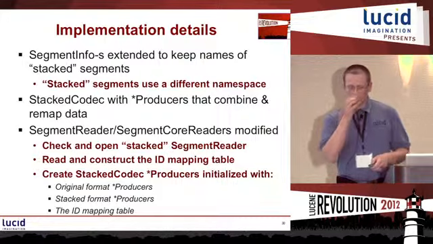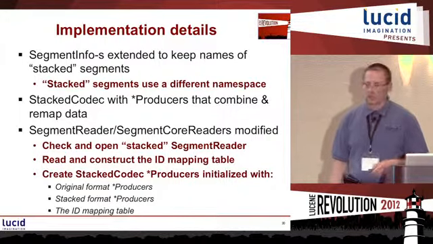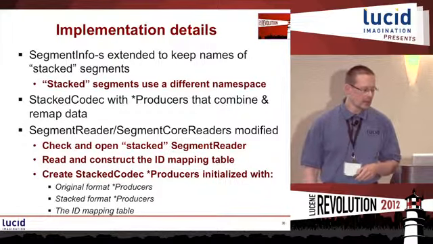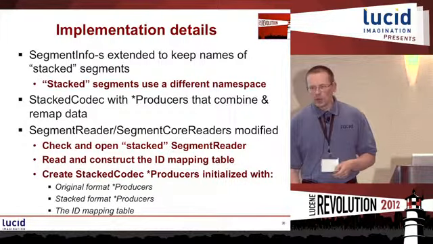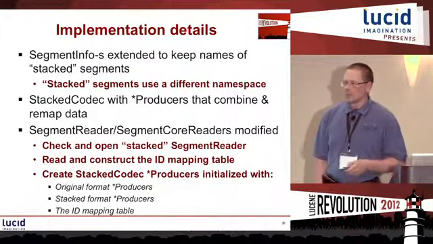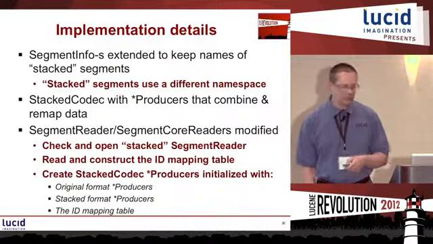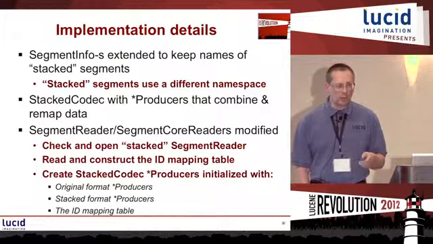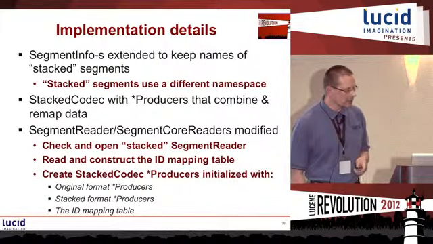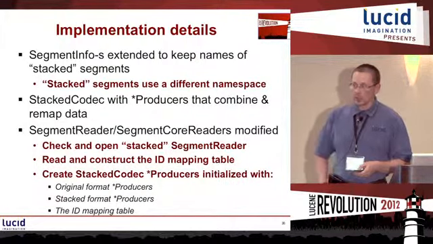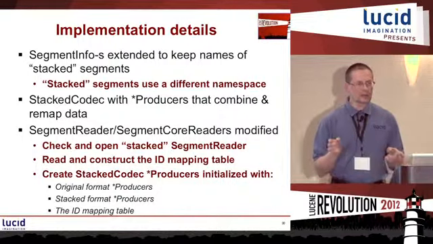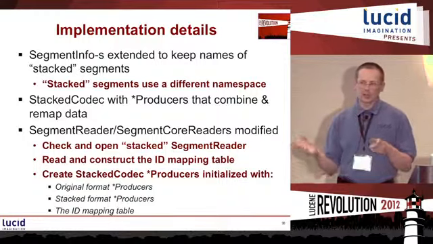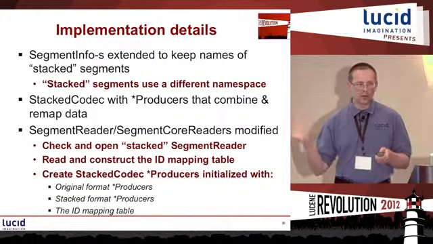So, a little bit about the implementation details. As far as I actually implemented anything, I extended segment infos to keep the information about this additional stacked segment, obviously, so that whenever we open a new segment reader, or actually segment core readers, they know that they should open also another segment, and they should create various format producers.